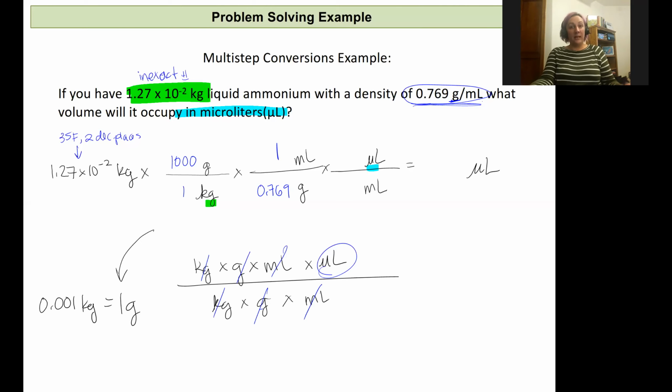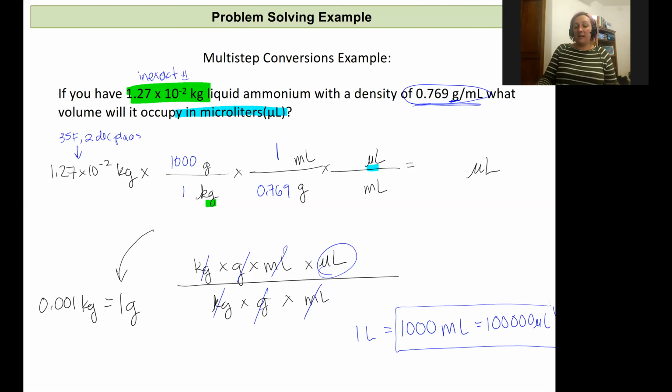Now going between microliters and milliliters. Now this one, it might be trickier to do without going through an intermediary. I know that 1 liter equals 1,000 milliliters, and that 1 liter equals 1,000,000 microliters. So I could just use this piece of that conversion right there, relating both of these to the base unit through their prefix.